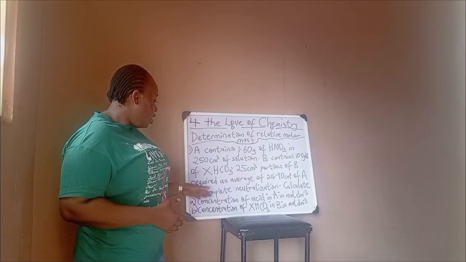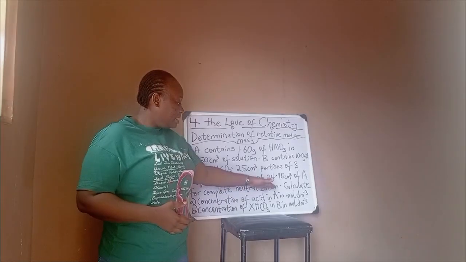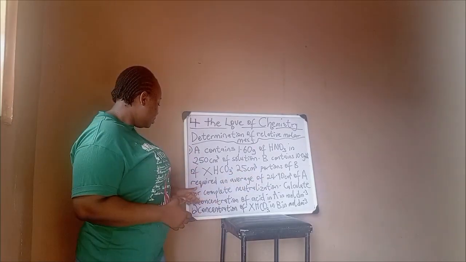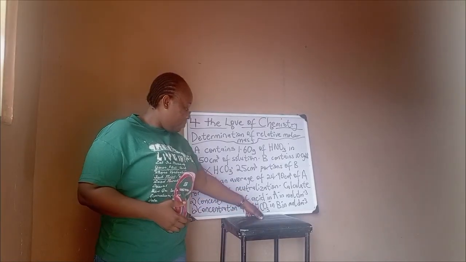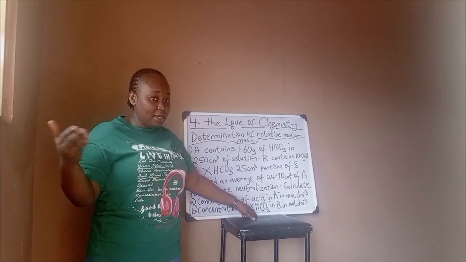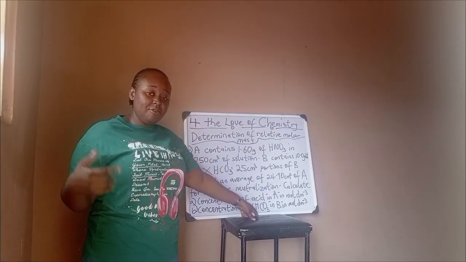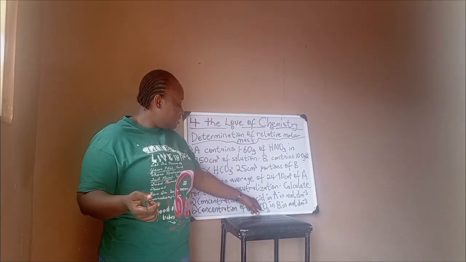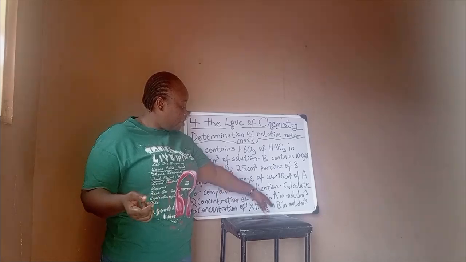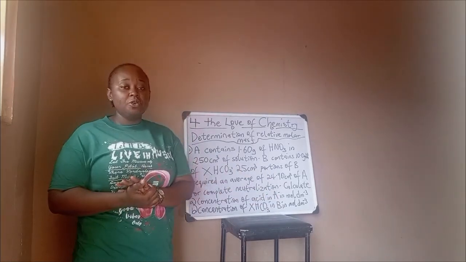Calculate the concentration of acid in A in mole per dm cube. Then the concentration of this compound X, we don't know the formula for X. We are supposed to find out from solving the equation. So X hydrogen triazocarbonate 4 in B, in mole per dm cube.